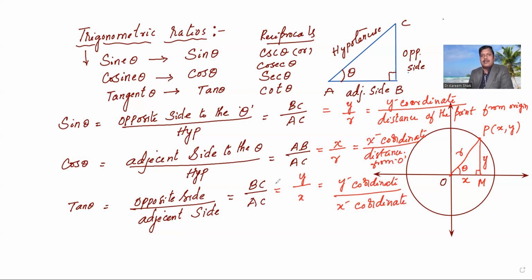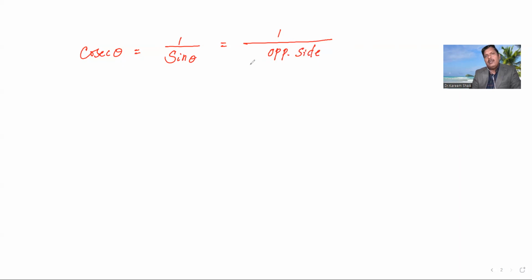I hope it's clear. Now, what about the reciprocals? The reciprocal of sine is cosecant theta. So, can I say that cosecant theta is nothing but 1 upon sine theta? And 1 upon sine theta is nothing but 1 upon opposite side upon hypotenuse.